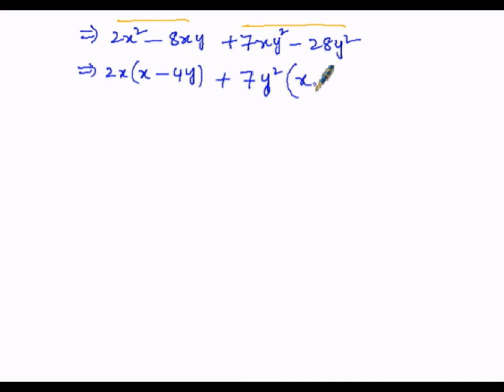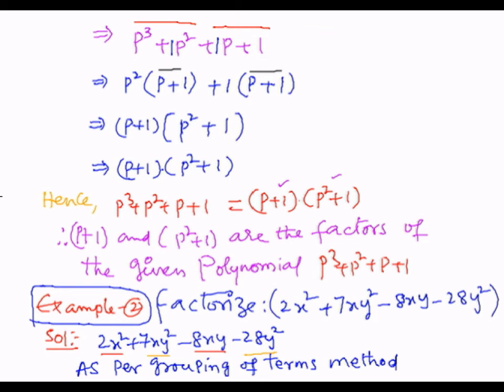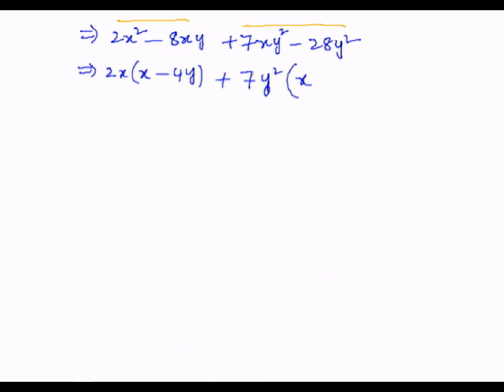Whereas here, as per the problem, it is 2x square plus 7xy minus 8xy minus 28y square. So instead of 7xy square we write 7xy as per the problem.